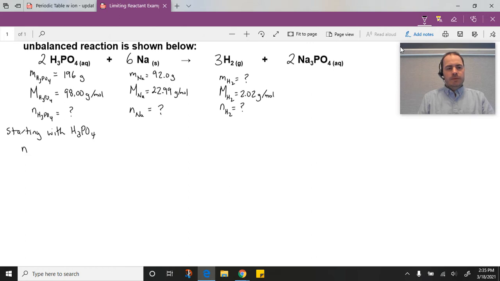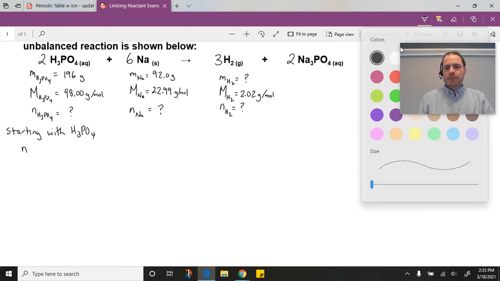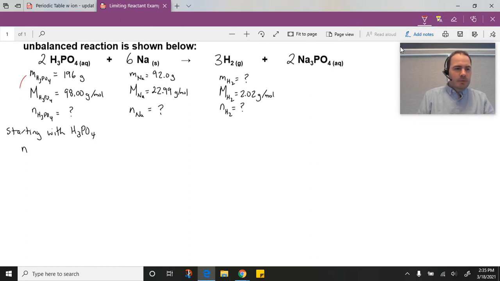We are going to find moles. We can get our moles using the mass and the molar mass. That's the first thing we're going to do. Then we connect this with a mole ratio, as our second step, to figure out moles of hydrogen. That will allow us to figure out moles of hydrogen based on using up all the phosphoric acid.